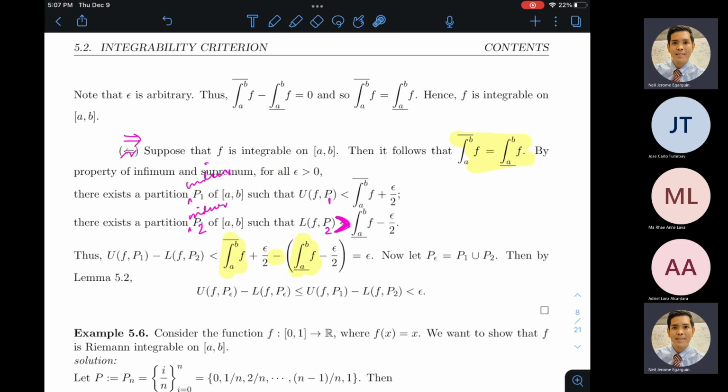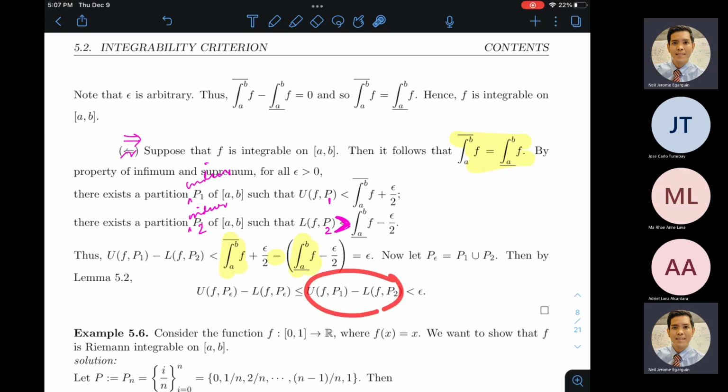Right? So we know this guy, but we know that the upper Riemann sum of a refinement is smaller than the upper Riemann sum of the original partition. And the lower Riemann sum of a refined partition is greater than or equal to the lower Riemann sum of the original partition, thereby establishing this inequality over here.